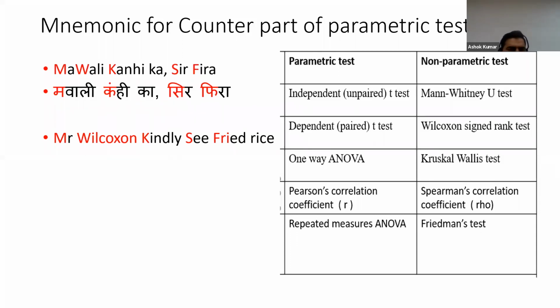Again, if you don't understand Hindi, you can remember it in English: Mr. Wilcoxon kindly see fried rice. So you can easily remember this. M, Mann-Whitney, Wilcoxon is Wilcoxon, K is Kruskal-Wallis, S is Spearman, and the Friedman test. And the conditions are single group before and after, 2 groups, 3 groups, repeated measures, and quantitative dependent and independent variables.